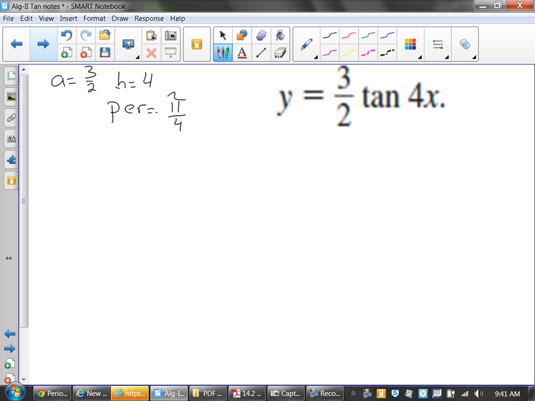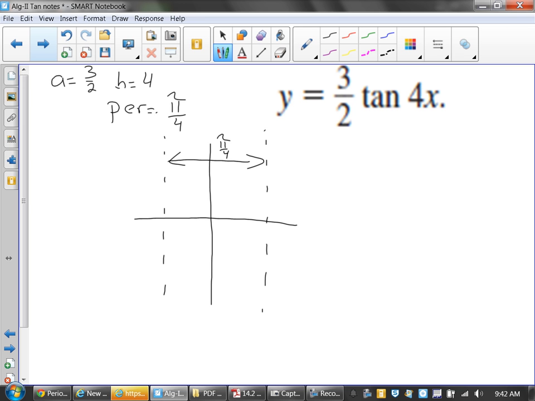That's when we're worried about these asymptotes. Okay? And when you start with your period with tangent, you know that the asymptotes, notice how I didn't put any numbers on here yet. I know that the distance between these two asymptotes is going to be pi over 4.